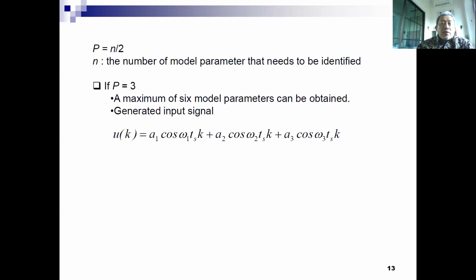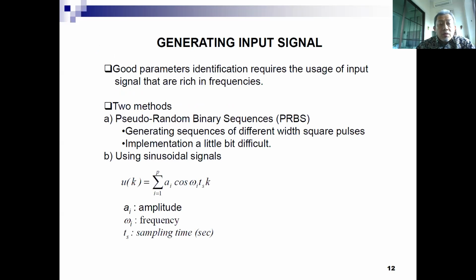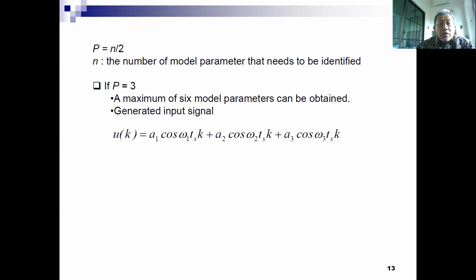So we have a capital P, which is equal to N divided by 2, where N is the number of parameters that needs to be identified. If capital P is equal to 3, we have about 6 model parameters that can be obtained by using input signal U is equal to A1 cos plus A2 cos plus A3 cos.